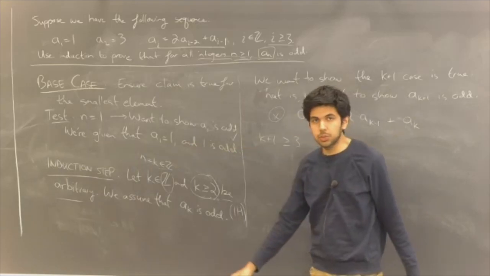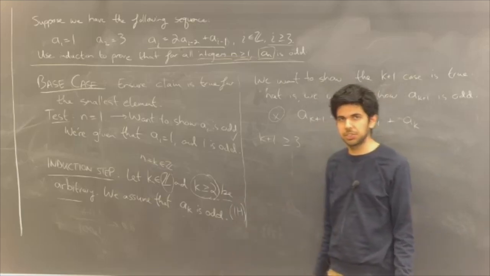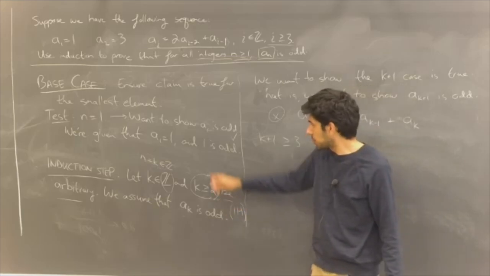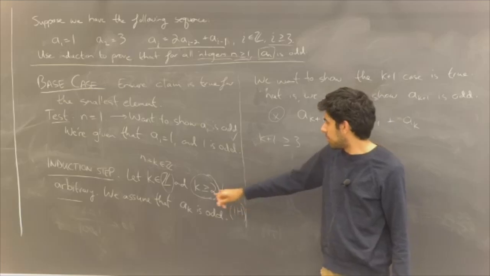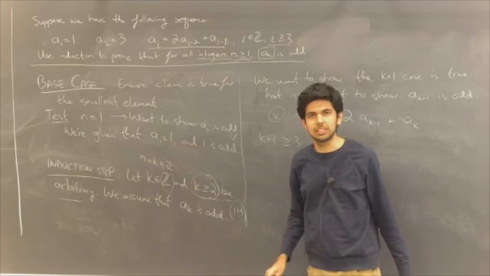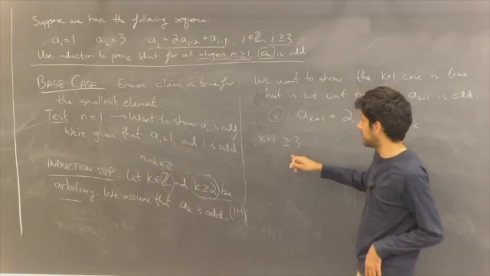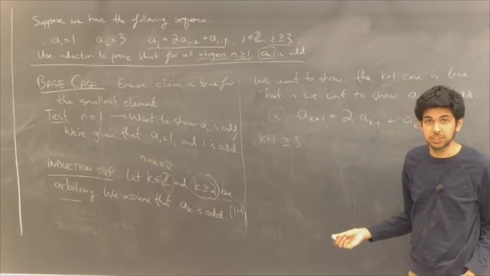And the reason for that is not that hard, but it's a little complex to put into words. Let's suppose we proceeded as normal. We let k be greater than or equal to 2 and just ignore that it doesn't match the base case value. Then we would show that p of k plus 1 is true.